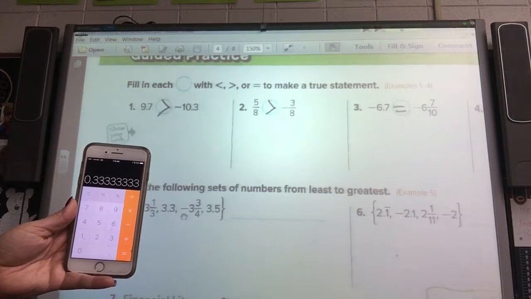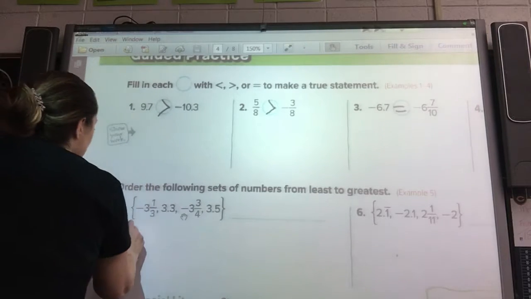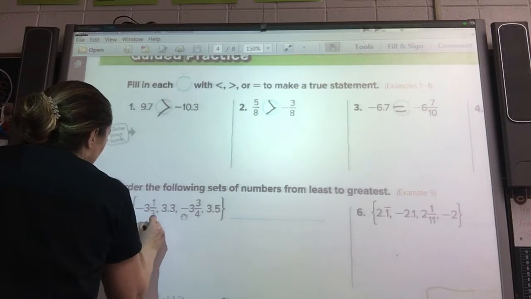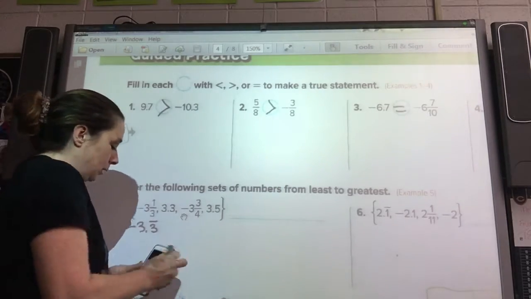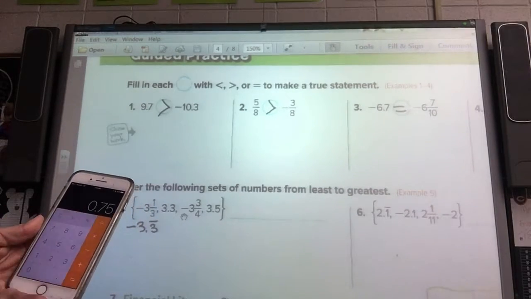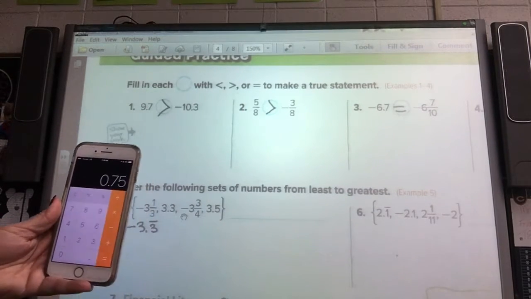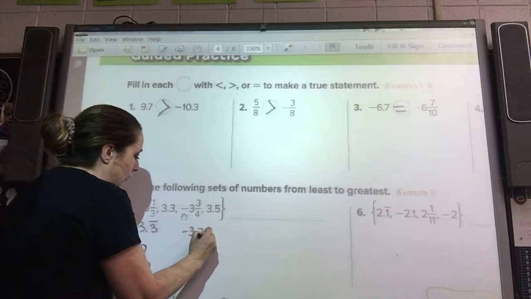That's one you might want to memorize. 1/3 is always 0.33333. So this one is negative 3.3, repeat. Okay? 3/4 gives you 0.75. So remember that negative 3 3/4 is negative 3.75.